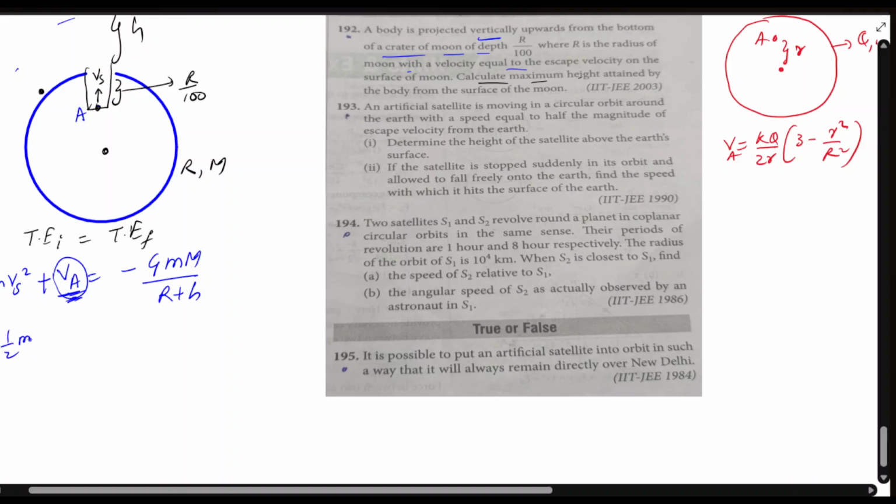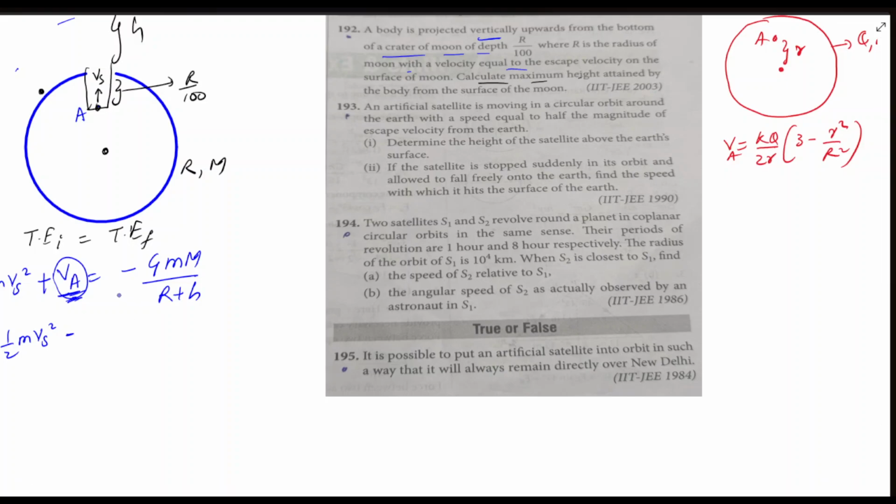So it will be half m v_s square minus, so of course minus will come, right? Because the potential decreases in the direction of the field, so the field will always be in the downward direction. At infinity we are taking it as zero, so here it will be negative. In the place of k we'll write G, in the place of q we'll write the mass of the planet.